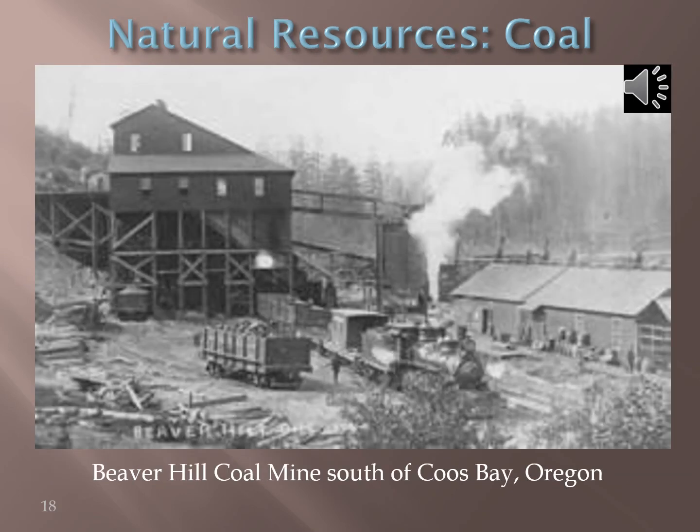One of the largest Oregon coal mines was the Beaver Hill Mine. Oregon coal mines supplied much of San Francisco's coal supply starting in the mid-1850s. Oregon coal mines prospered up into the mid-1880s when coal prices plummeted and they ran into employee trouble.